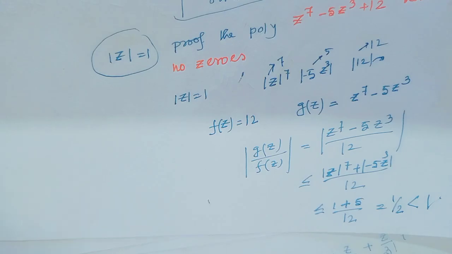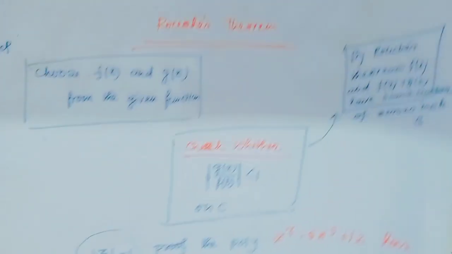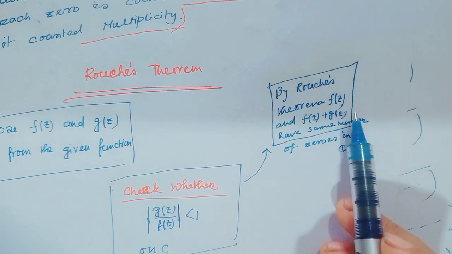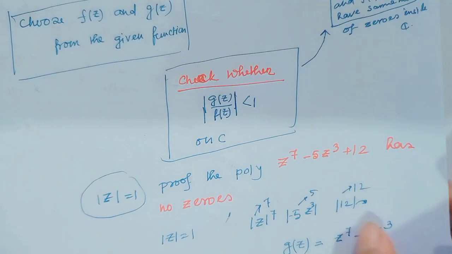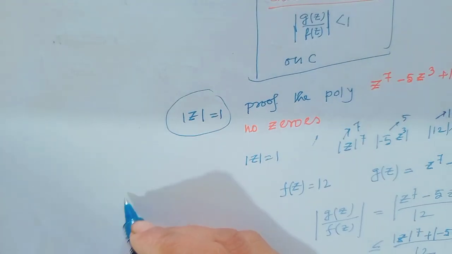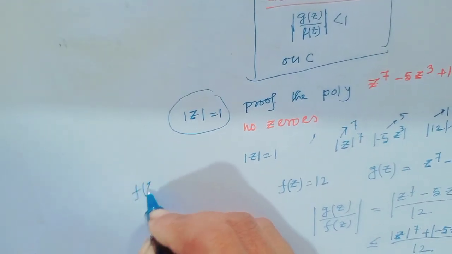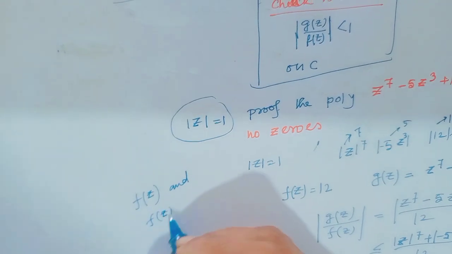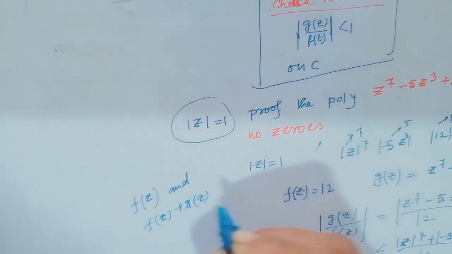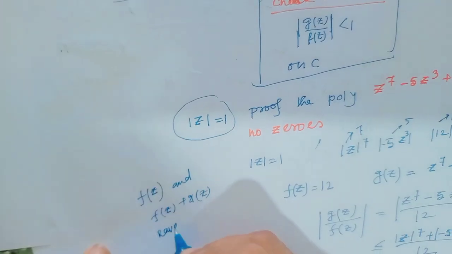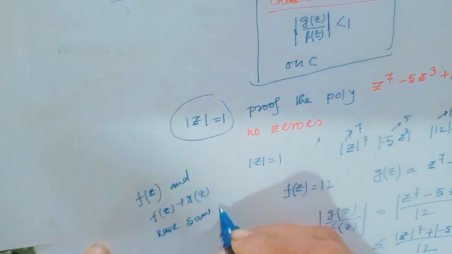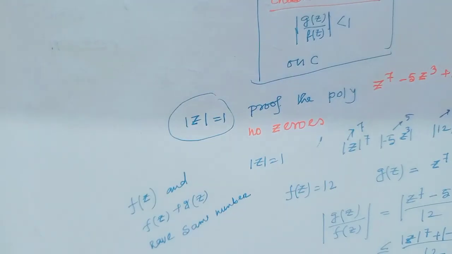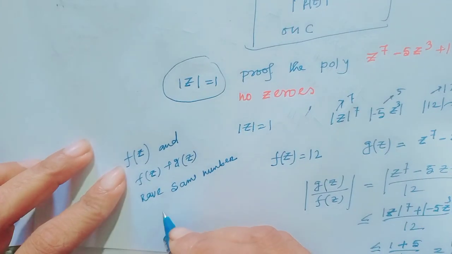Since this is less than 1, therefore by Rouche's theorem we can tell f(z) and f(z) plus g(z) have the same number of zeros.